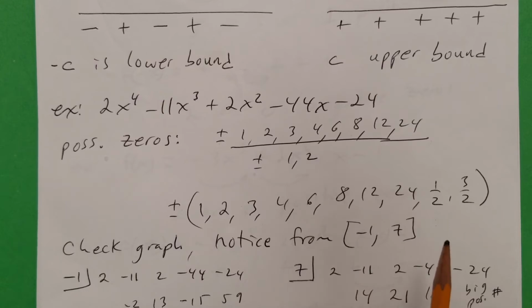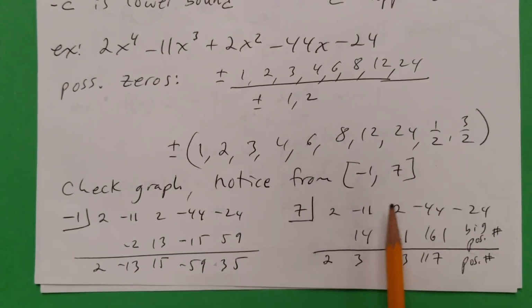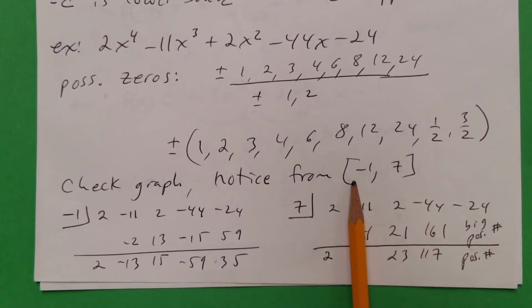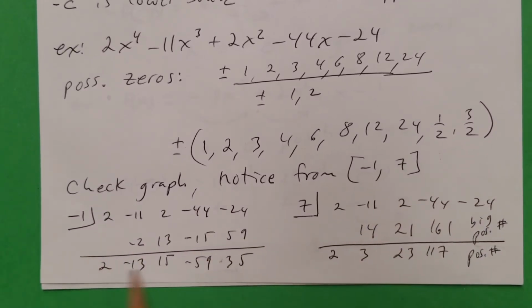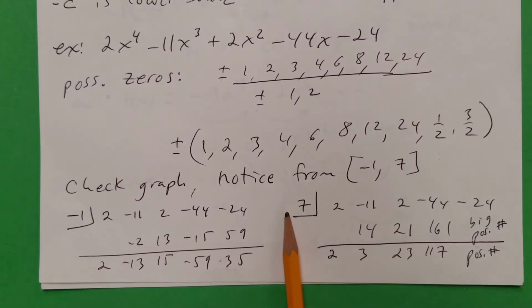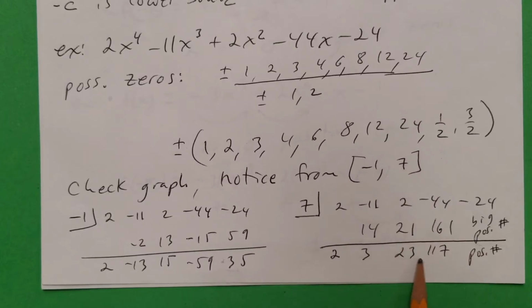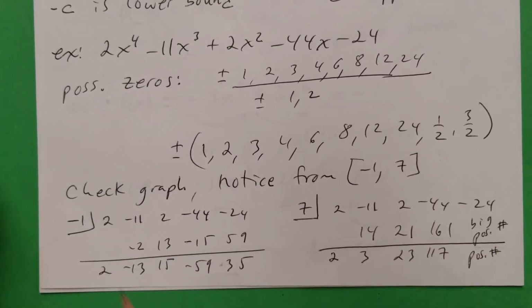So the point is, we checked -1 and we got alternate, right? Positive, negative, positive, negative. We know that's the lower bound. We checked 7, all positive answers, right, in synthetic division. So now we're sure that all your answers have to be between these two numbers, right?